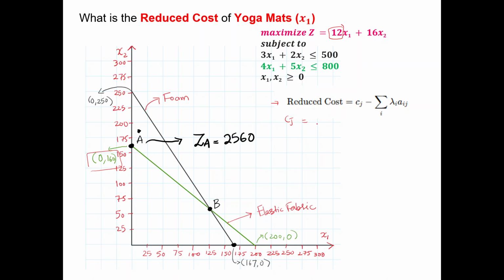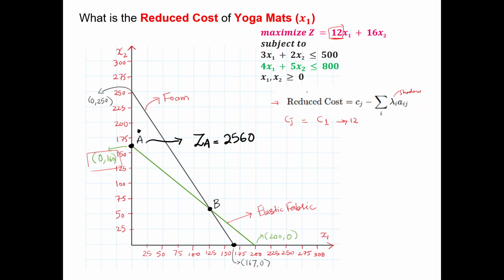Here Cj represents the coefficient of the variable, where j indexes the variables. We have two variables, and right now we are looking at the coefficient of the first variable. So Cj will be C1 and its value will be 12, as you can see from here. Now lambda is the shadow price.